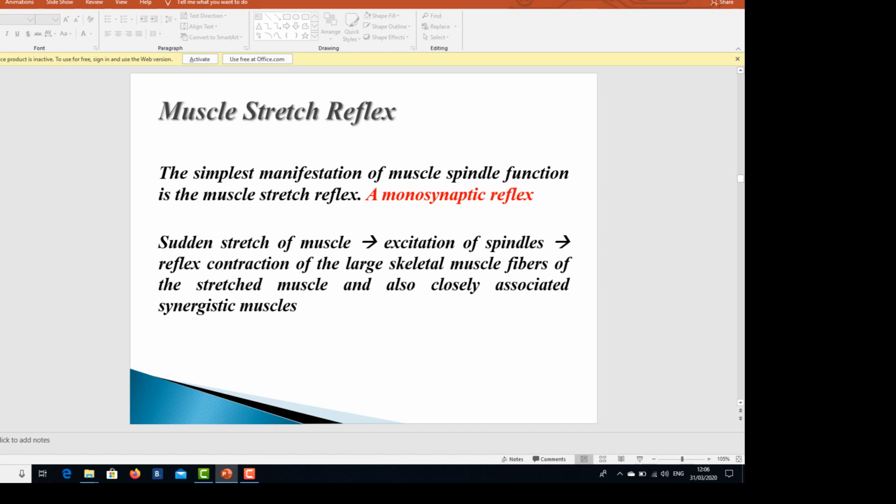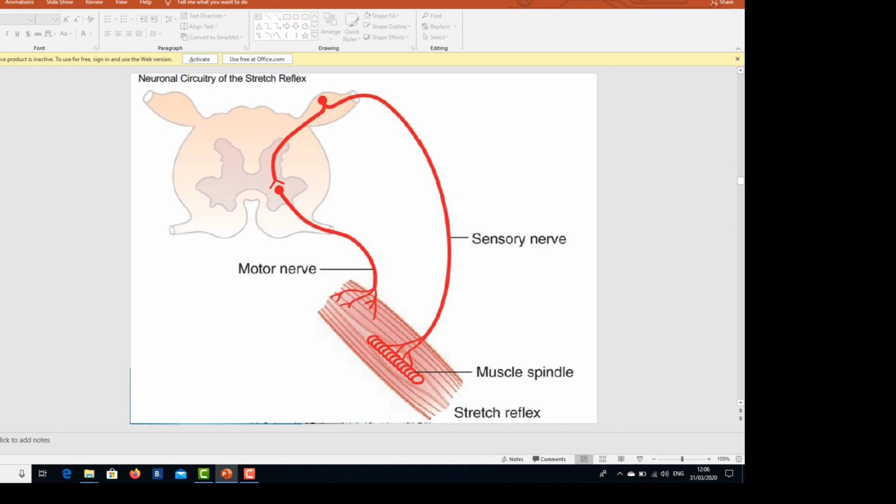The sudden stretch of muscle leads to excitation of spindles, reflex contraction of the large skeletal muscle fibers of the stretched muscle, and also closely associated synergistic muscles. You can see a monosynaptic reflex, how it is occurring.